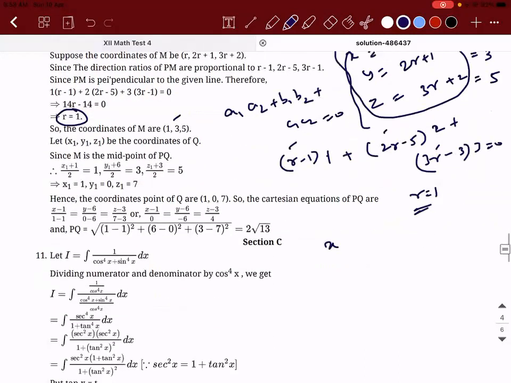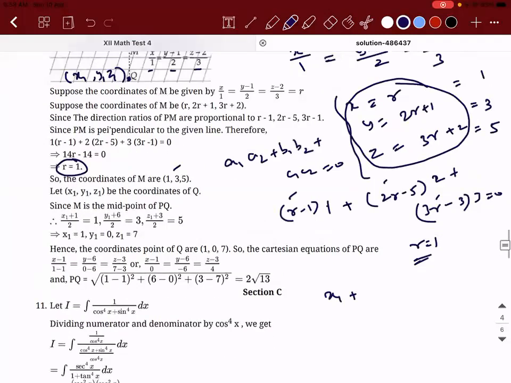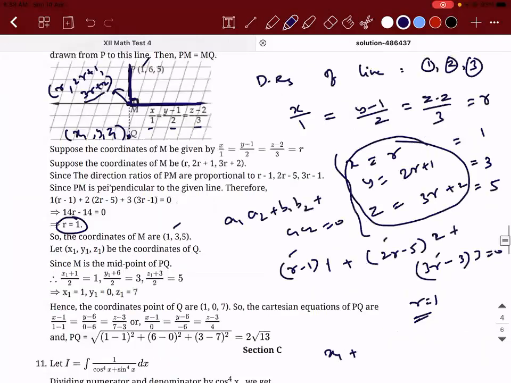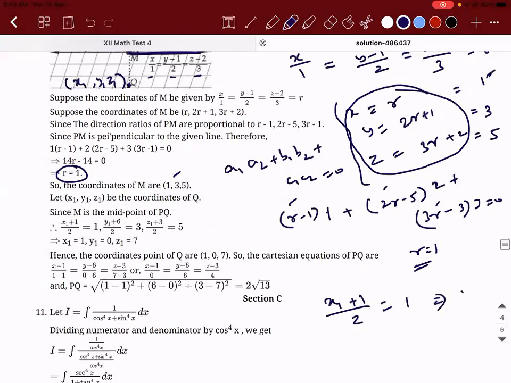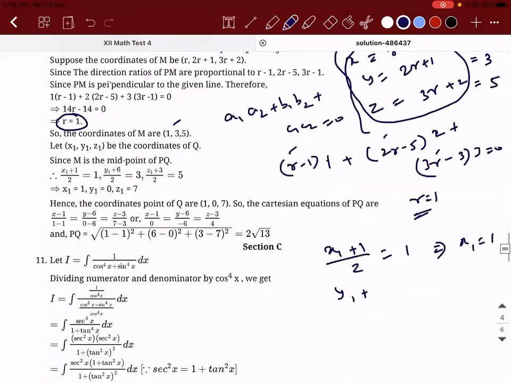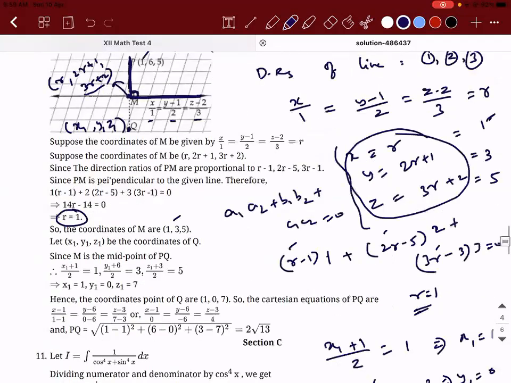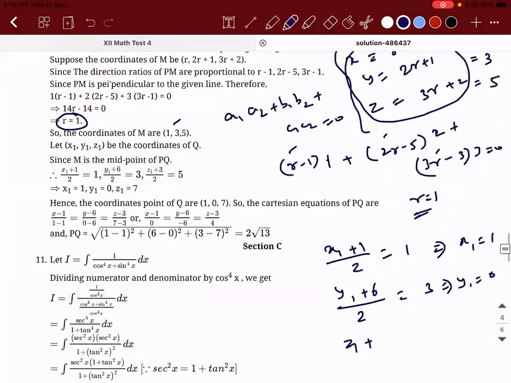So what I can do is (x1 plus 1) divided by 2 is equal to 1, which implies x1 is equal to 1. Similarly, (y1 plus 6) divided by 2 is equal to 3, which implies y1 is equal to 0. (z1 plus 5) divided by 2 is equal to 5.